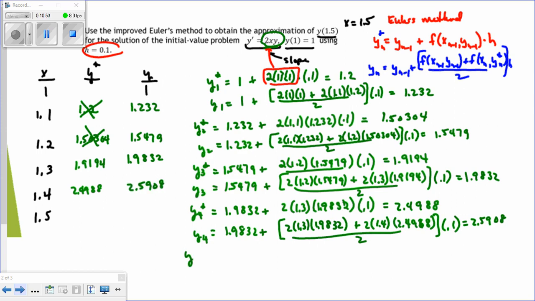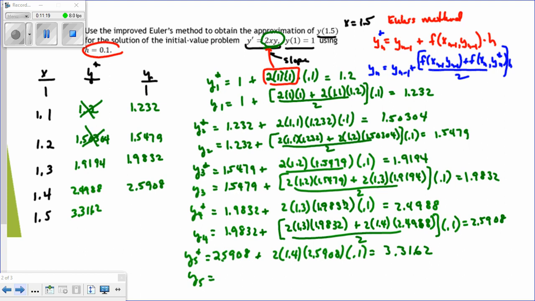Last one, y5 star, previous y value, plus the slope, times the h. We get 3.3162. Okay, and now our y5, which will be the estimated y value for x equal 1.5.